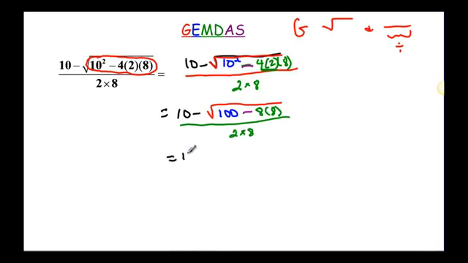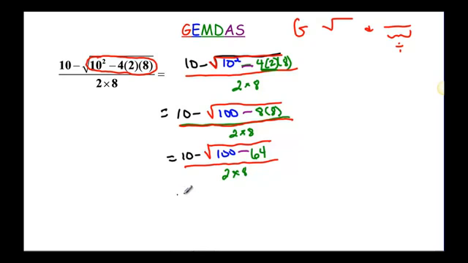So continuing on, 10 minus the square root of, we've got our 100, and we're going to subtract the 8 times 8, which is 64. And then that's a grouping symbol. This up here, if I wanted to really follow my colors, the division sign is a grouping symbol. And then I've got 2 times 8.